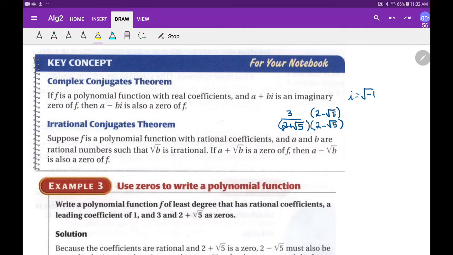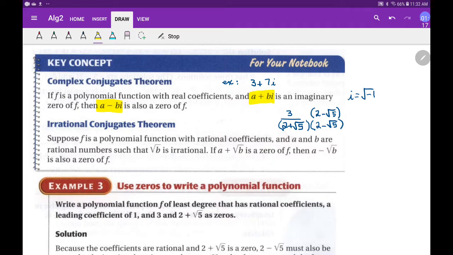What we're saying is that if we have a plus bi, for example 3 plus 7i, then we also have 3 minus 7i. Let me just write an example here. We also have its conjugate there.